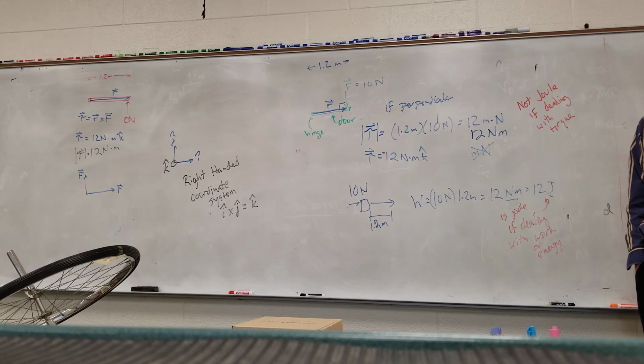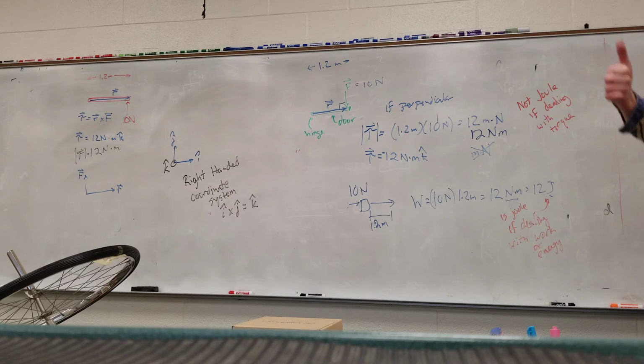Because I applied a force in that direction, R was in that direction, so R cross F is up. Again, nothing is physically going up, it is just the math convention that if I push on this side of the door, I'm going to create an upward torque. Now I'm creating a downward torque.